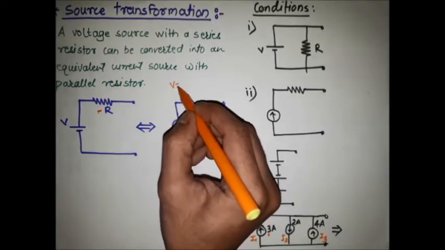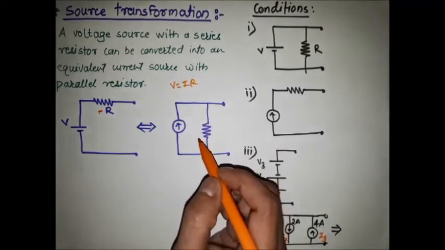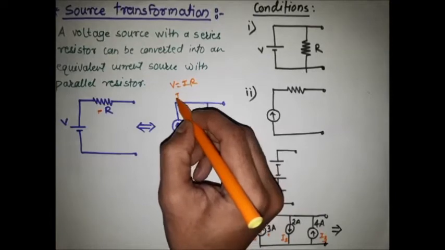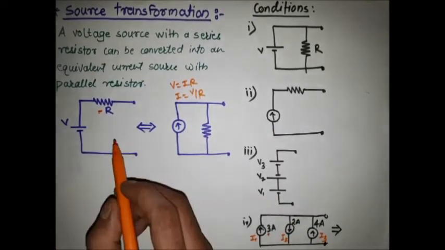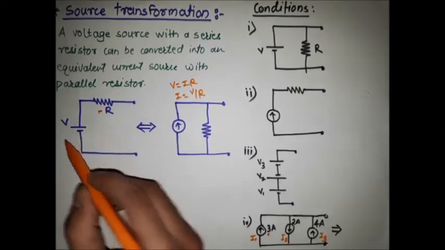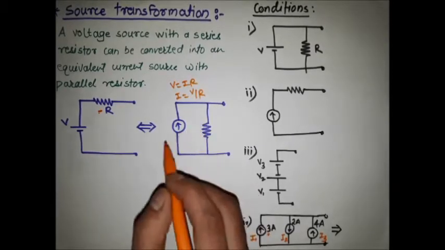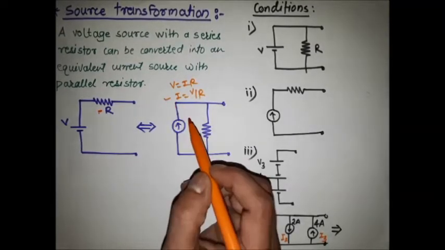So simply V is equal to IR, or simply I is equal to V upon R. So we have to convert the voltage source into the current source. So simply we are converting by using this formula.